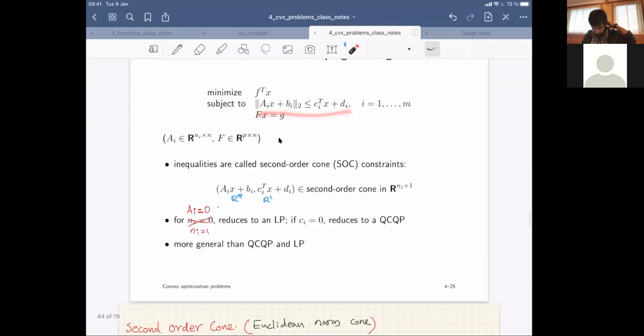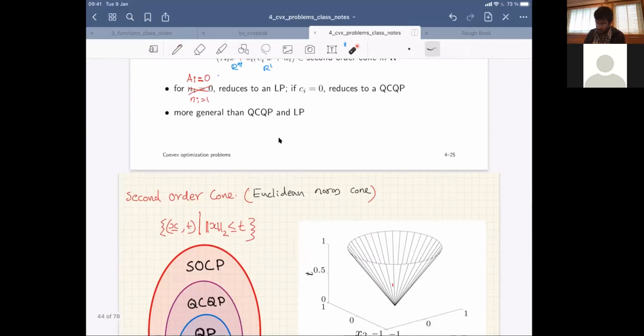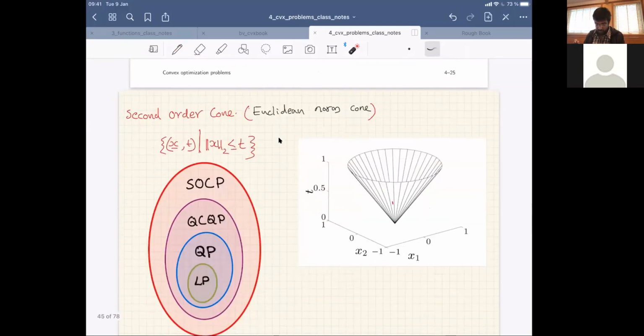If you remember from our discussions on convex sets, we studied norm cones, right? So what is a second order cone, which is also known as the Euclidean norm cone. Norm cones generally have a form like this, but if you use the second order norm, it is the second order norm cone or Euclidean norm cone.